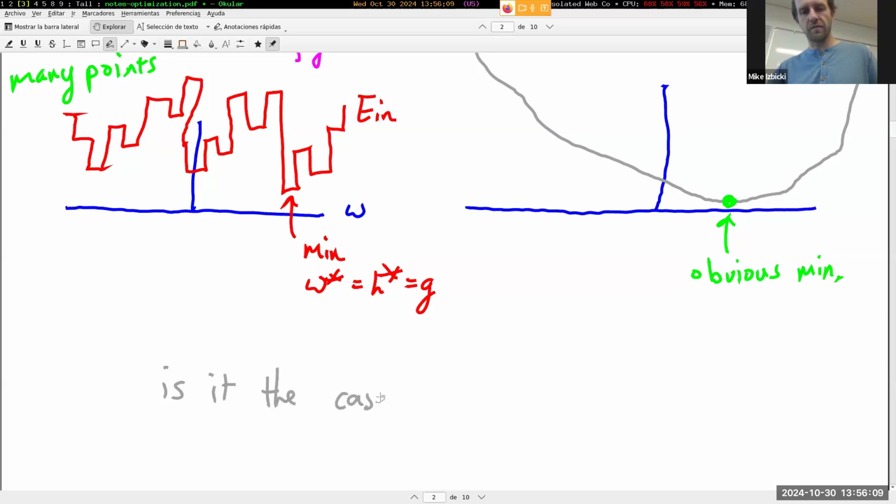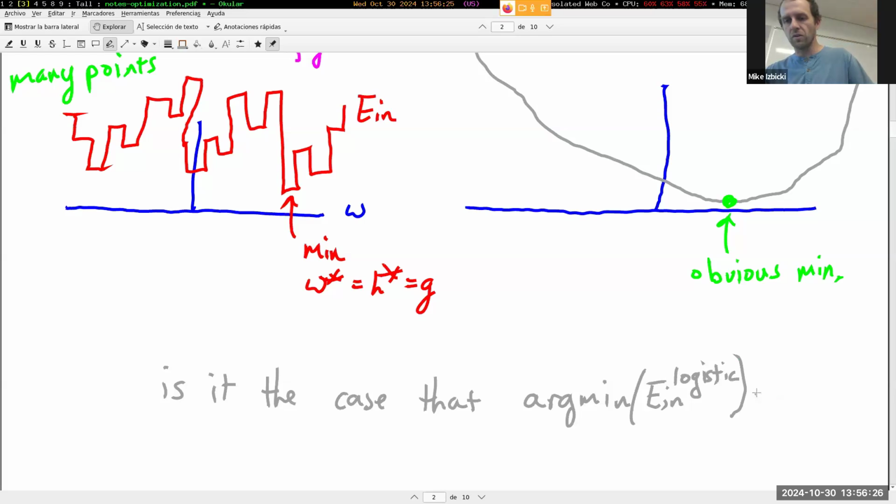Is it the case that the argmin of E_n logistic should be approximately equal to the argmin of the E_n of 0,1?